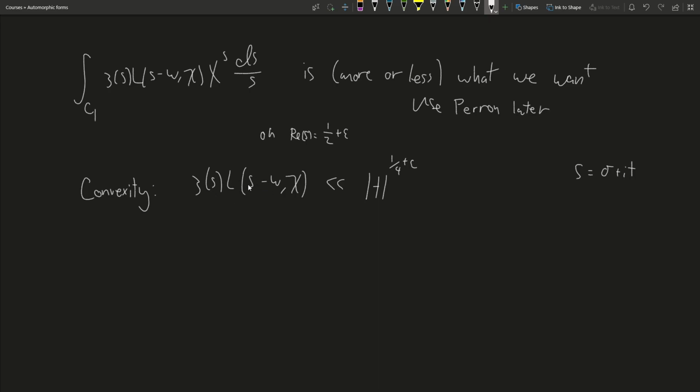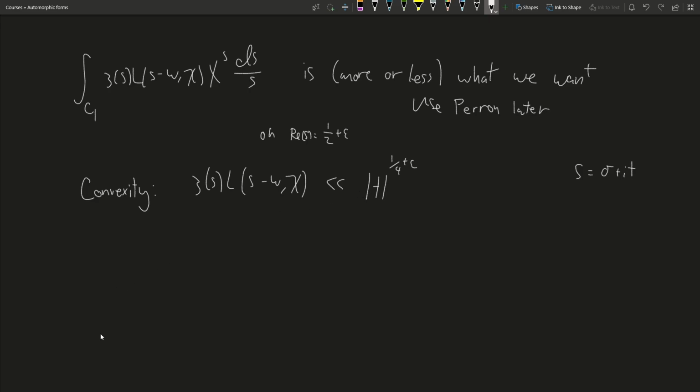So here, when the real part of w is positive, this is going to be L of 1/2 minus w. We don't need to make any further assumptions.